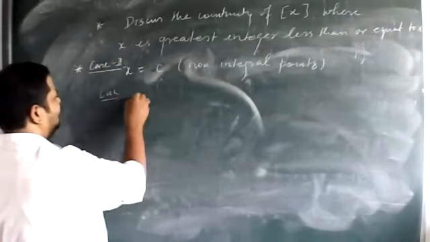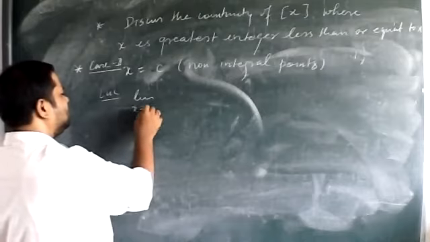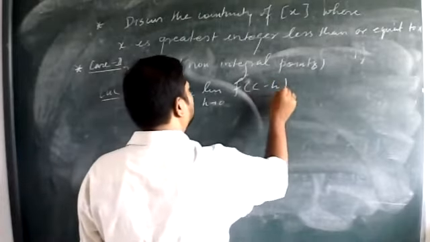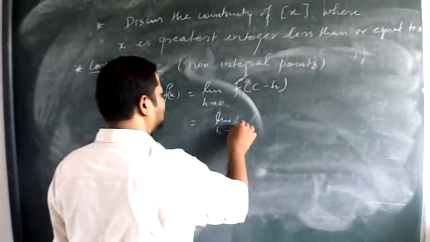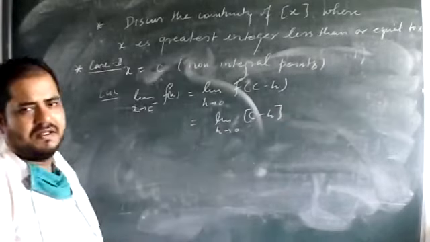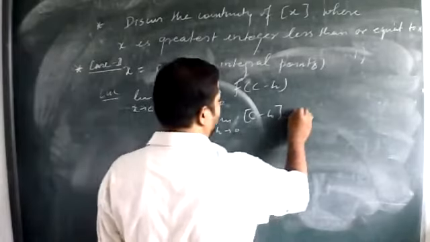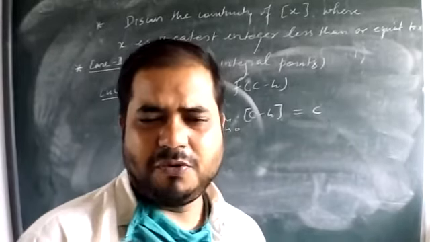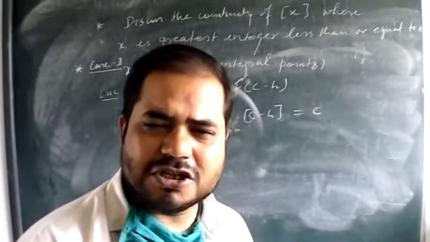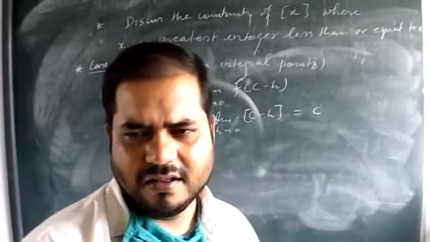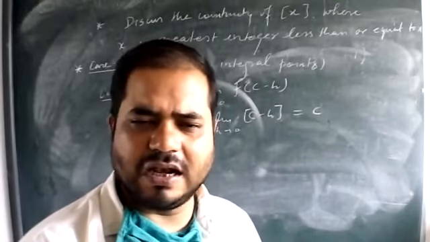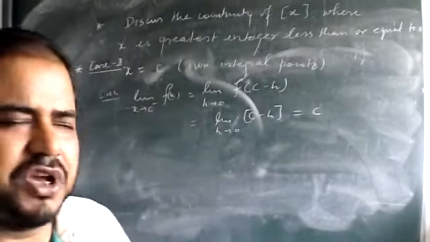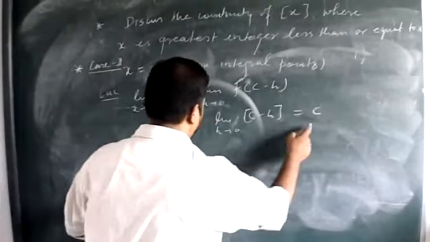Now again LHS, limit x tends to c minus, f(x), limit h tends to 0, f of c minus h, limit of bracket c minus h, and this is obviously bracket c. क्यों c होगा बेटा? आप कोई भी एग्जांपल कंसीडर कर लो, 2.5 ले लो, ठीक. अब 2.5 लिया तो h क्या है? h ग्रेटर देन 0 है, बट बहुत छोटी वैल्यू है. ओके, सो अगर आप 2.5 में से कुछ थोड़ा बहुत घटा भी देते हो, ठीक है, यानी समुद्र से पानी थोड़ा सा निकाल के लो, कोई फर्क नहीं पड़ेगा. तो c माइनस h क्या होगा? फिर से नॉन इंटीग्रल ही रहेगा, ये वैल्यू bracket c हो जाएगा.